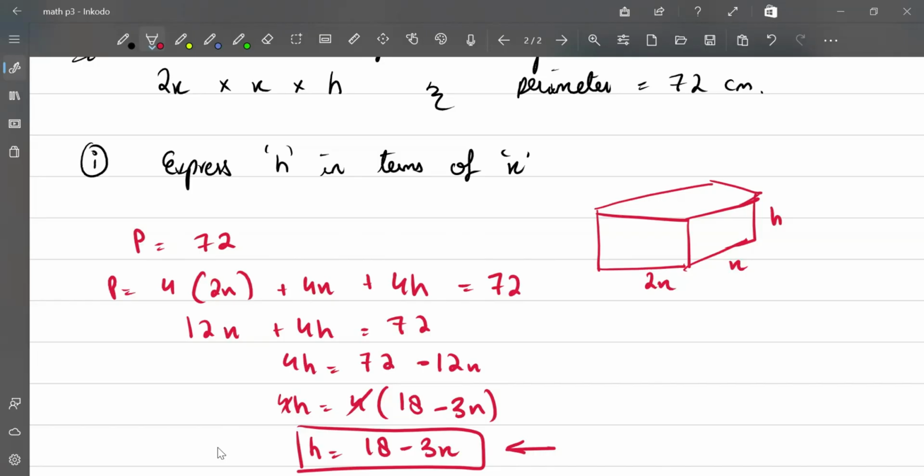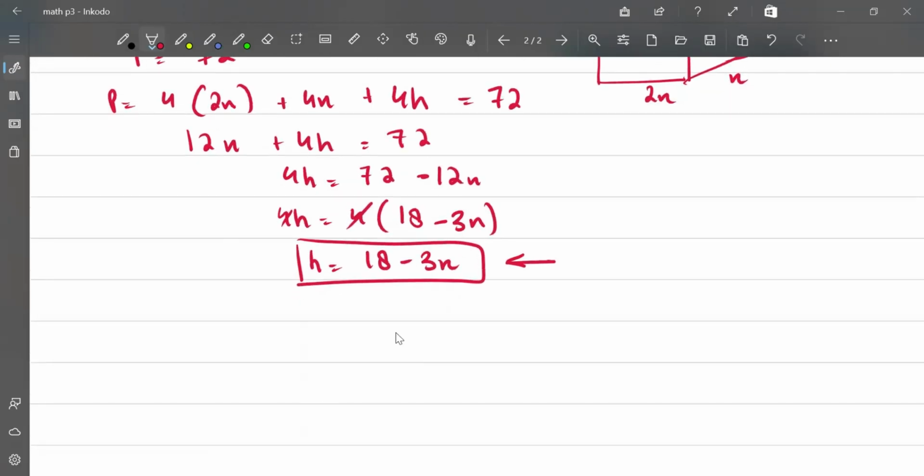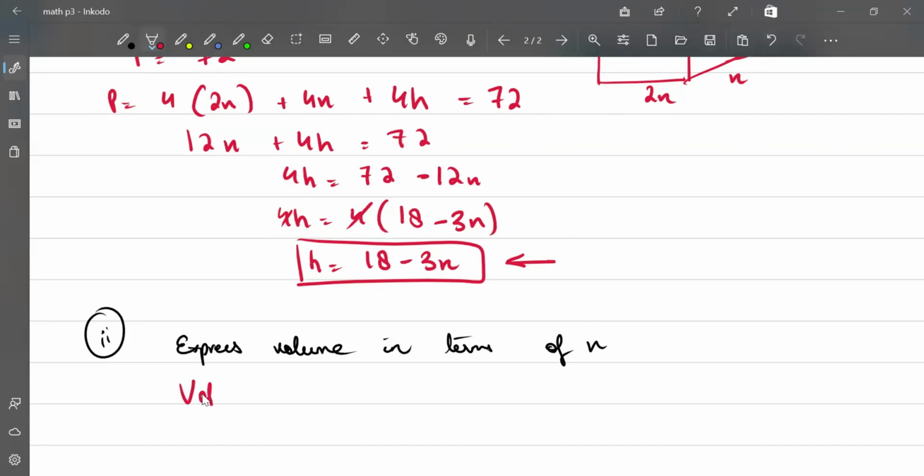All right. So part two says express volume in terms of x. We know that volume is length into breadth into height.